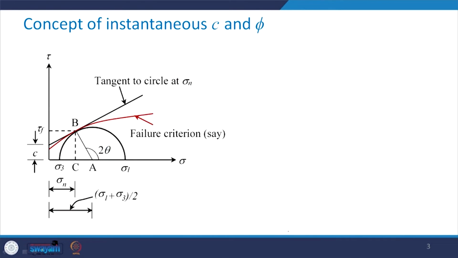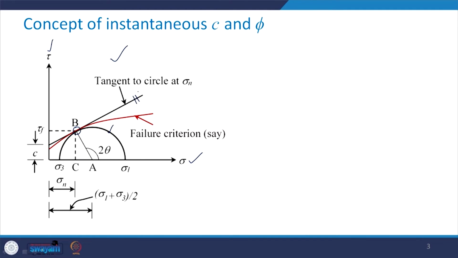Take a look at this figure now. We have the relationship between tau and sigma, and the tangent to the Mohr circle at the failure point, which is represented by this point B, is given by this straight line portion.